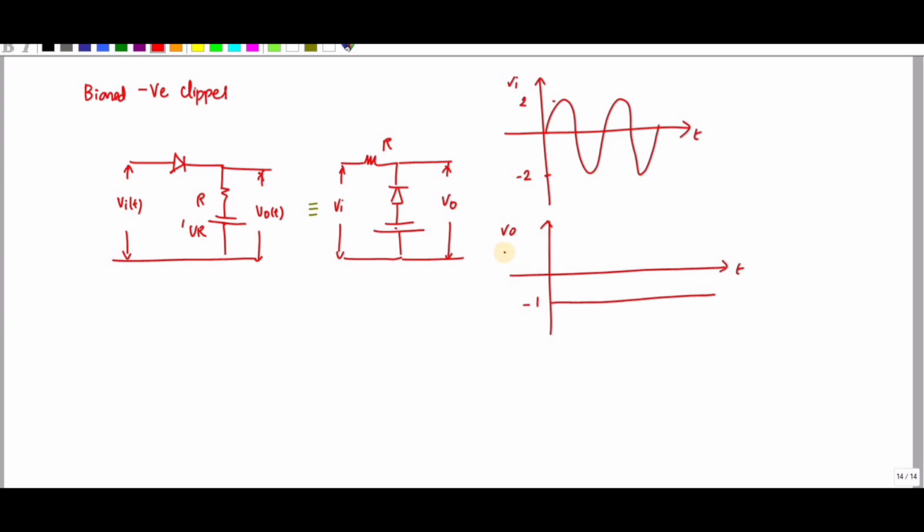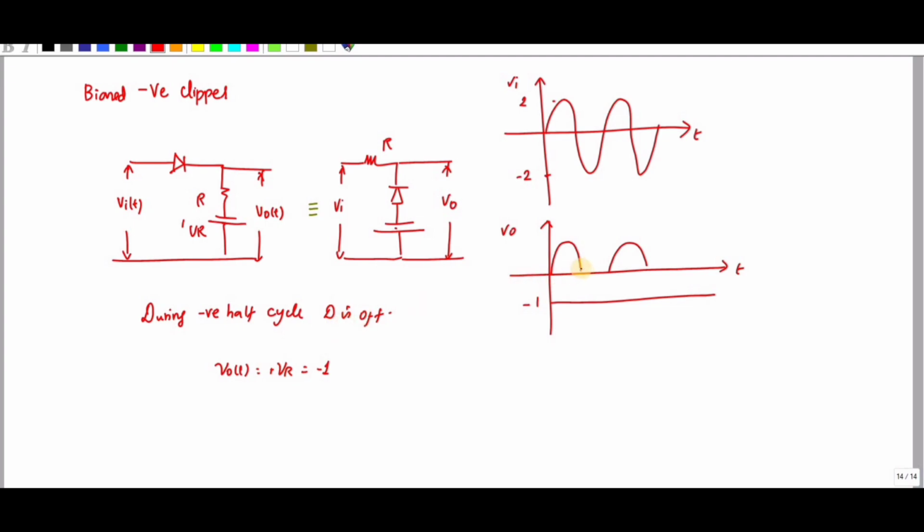So during the positive cycle you will get the same output. And during the negative off cycle, the diode is off, therefore V0 is equal to minus VR, that is nothing but -1 volt, right?